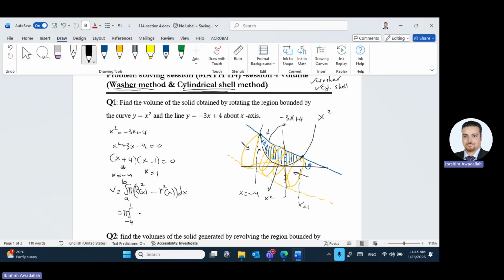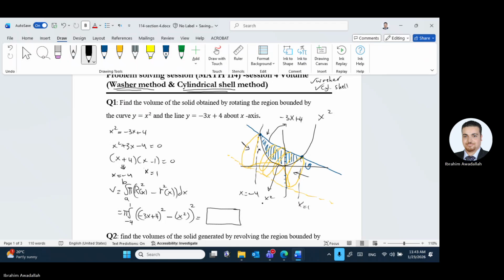So we have now minus 3x plus 4 all square minus x squared. Everything here is square.